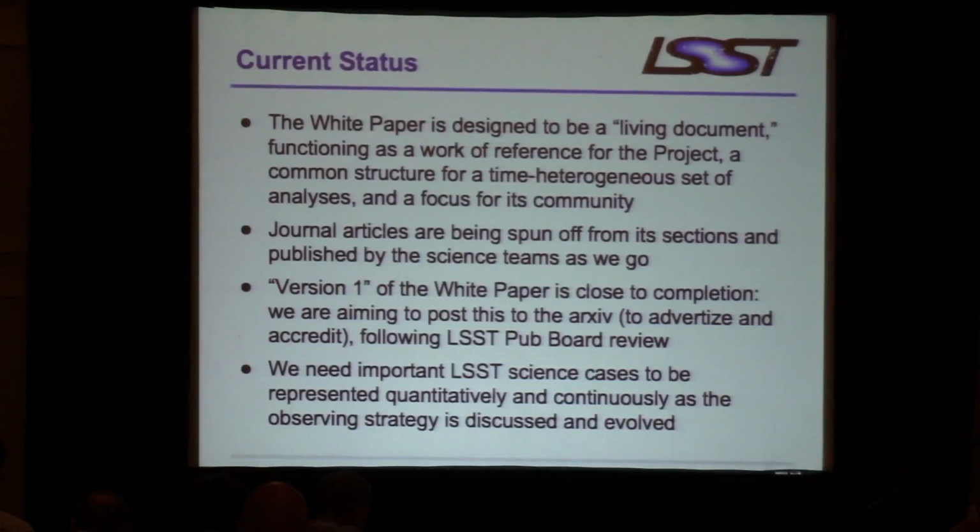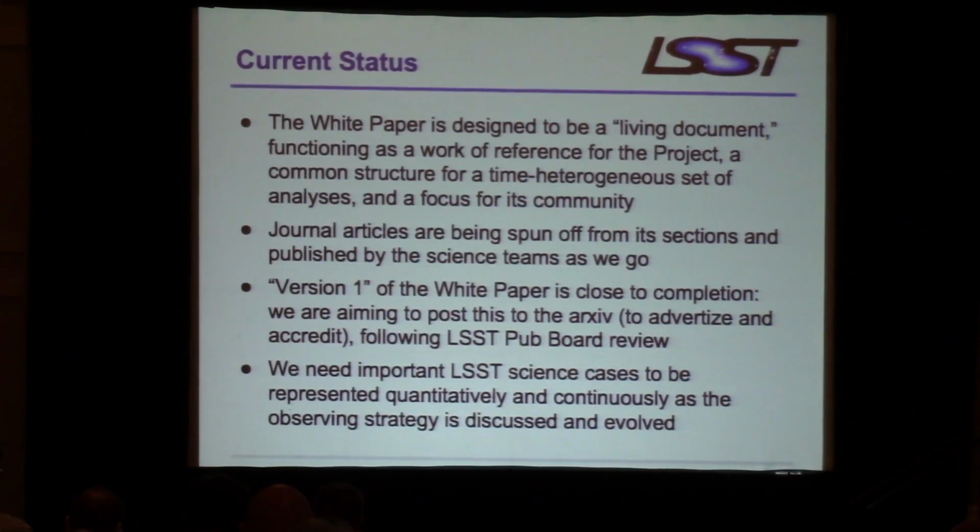Okay, we have people that are, as well as using the white paper to track and share what they're doing, where they're up to, they're also starting to spin out journal papers from this analysis. So far, I think there are 2 papers that have come about from this interaction between the science collaborations and the project.